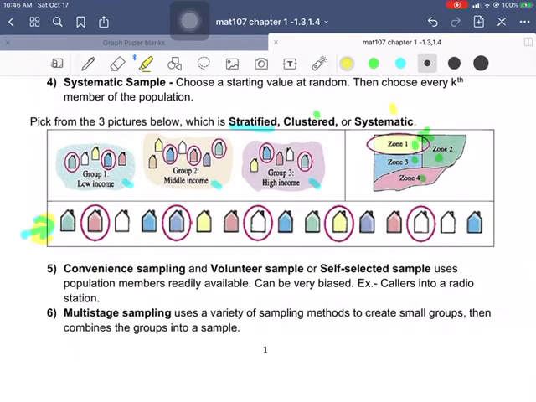All right, then there is convenience sampling or a volunteer or a self-selected. It's got many names. Basically, it's members that are readily available. If you just want to get the first person in the door for the day, first couple in the door, people only at lunchtime. A good example is the callers into a radio station.